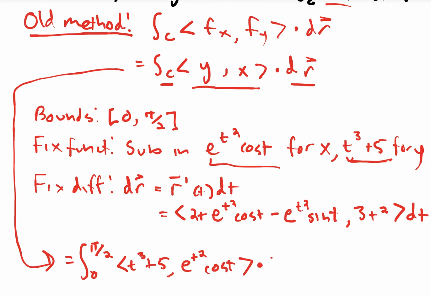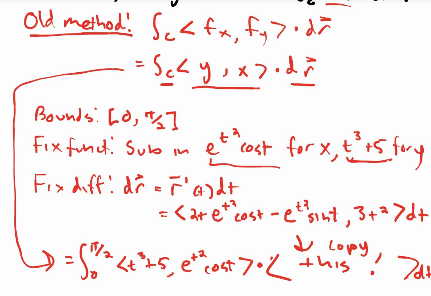This thing needs to be dotted with, I can already see I don't have the space to write this out, but basically I just copy this above line over in this vector, with this dt on the end. And hopefully it goes without saying that I won't write that out all over again.